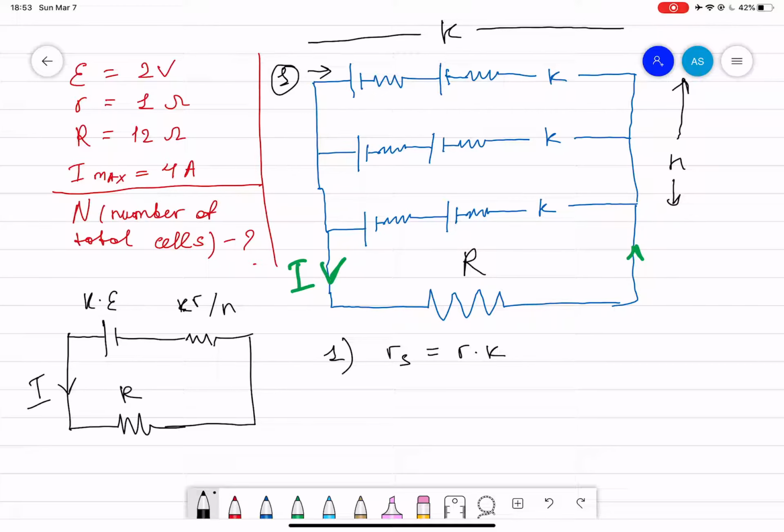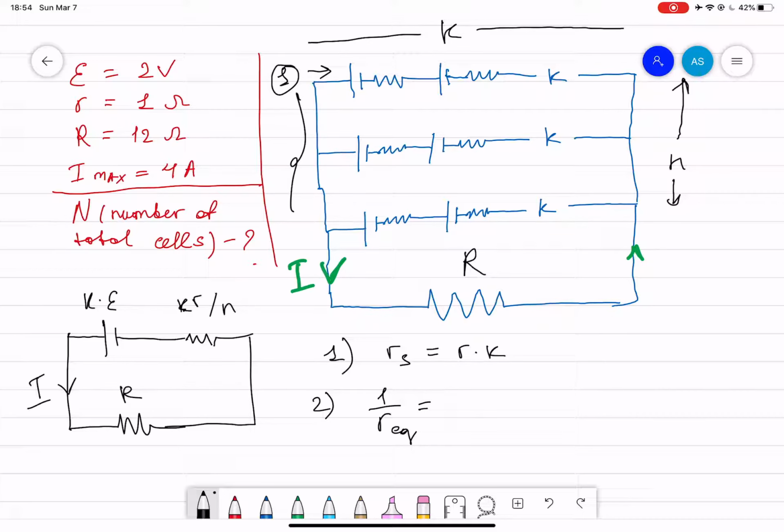Now we have to connect them in parallel, which means you have to take all these rows. Right now I just put only 3 rows, but it can be more or less, we don't know.